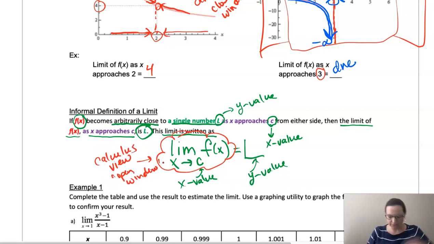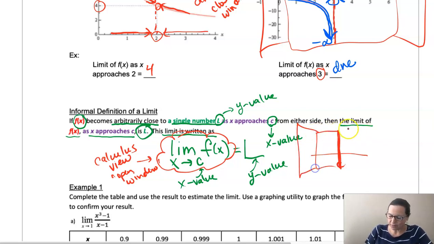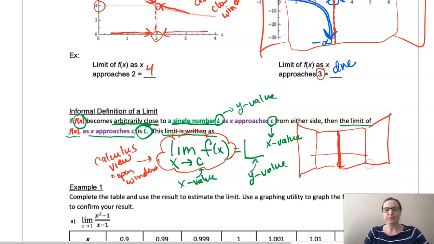So when you see that limit notation, I want you to picture the window with the window pane where we're blocking out what happens on the graph at x equals c, and we have this open window to the right and left of c, and we're looking to see what the y values are approaching from the left and the right, but we're not too concerned with what f of c actually equals.